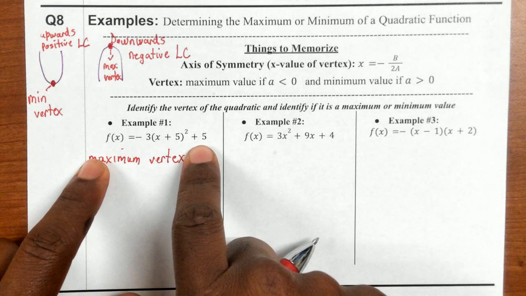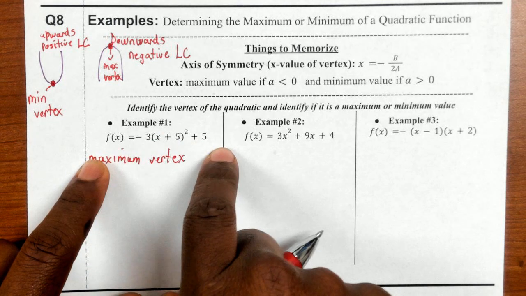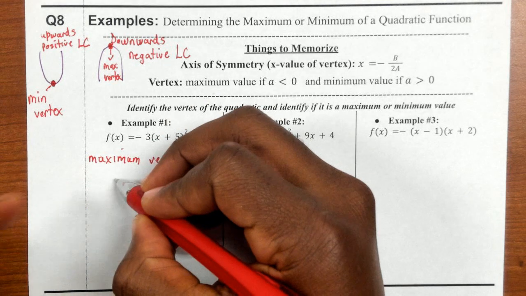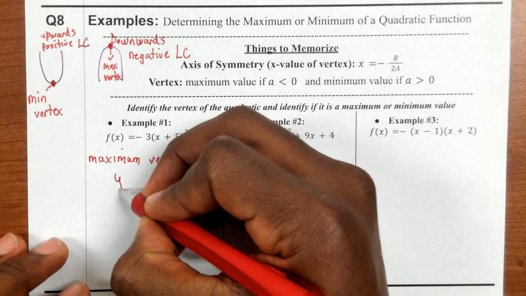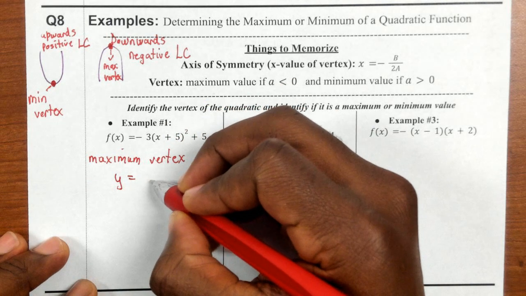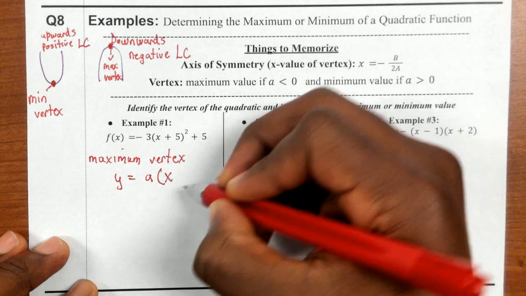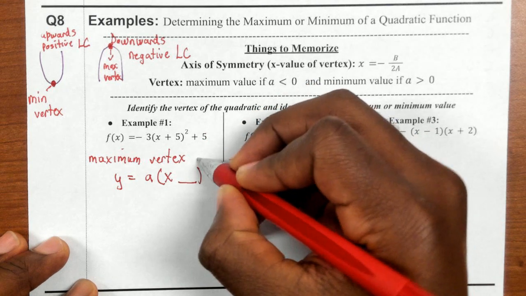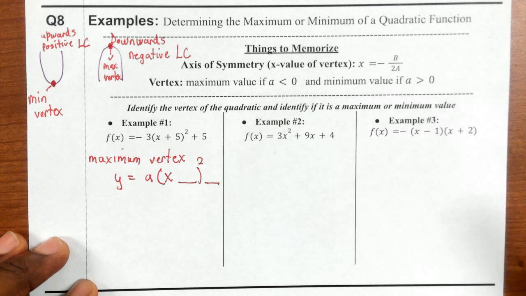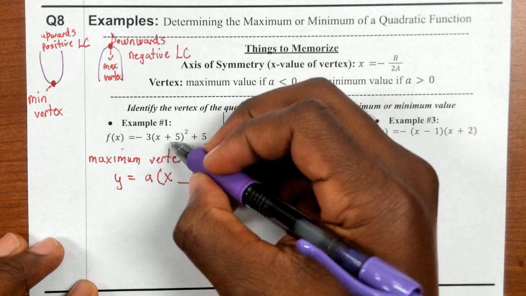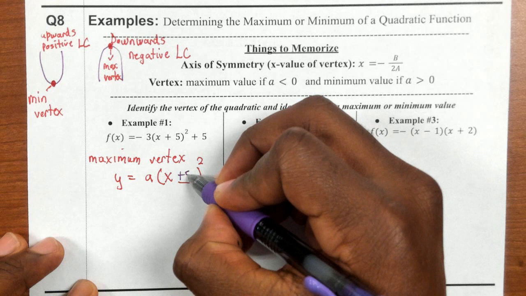Whenever you have vertex form, which is the form that we see right here, we know we can represent it looking like this: y equals some leading coefficient, parentheses x, some number, parentheses squared, some number. In this case, the number we have here is a positive 5.